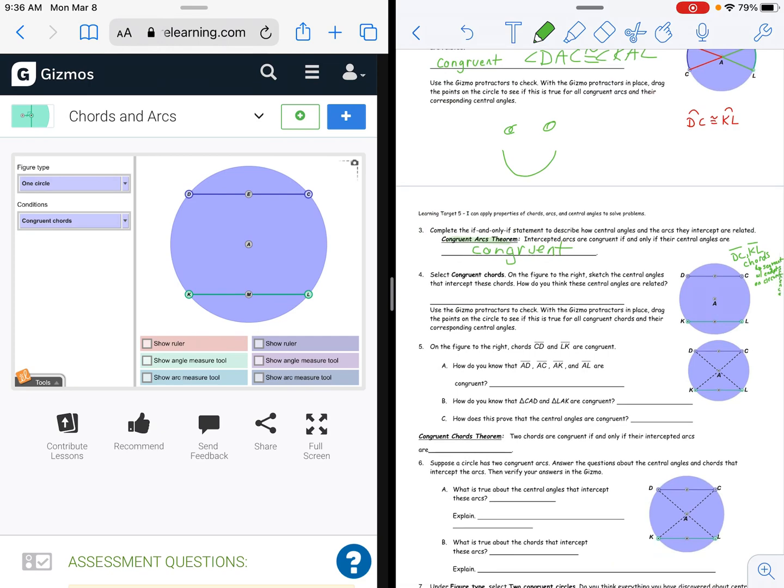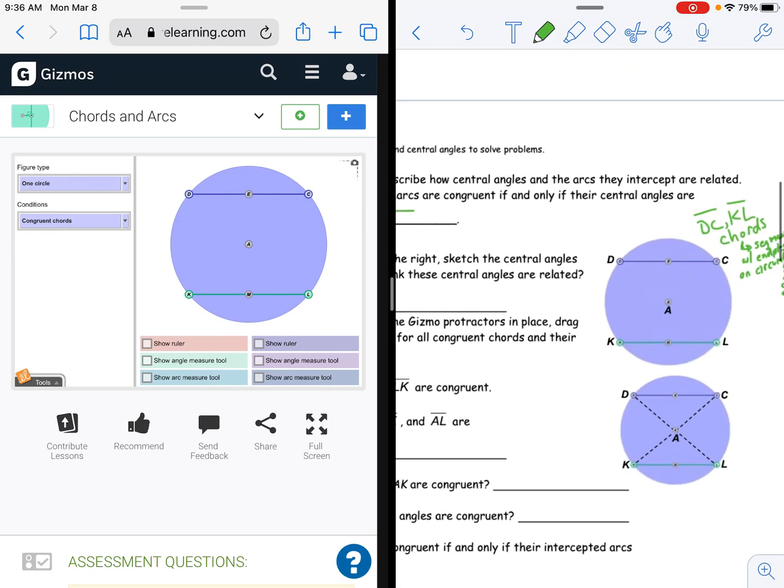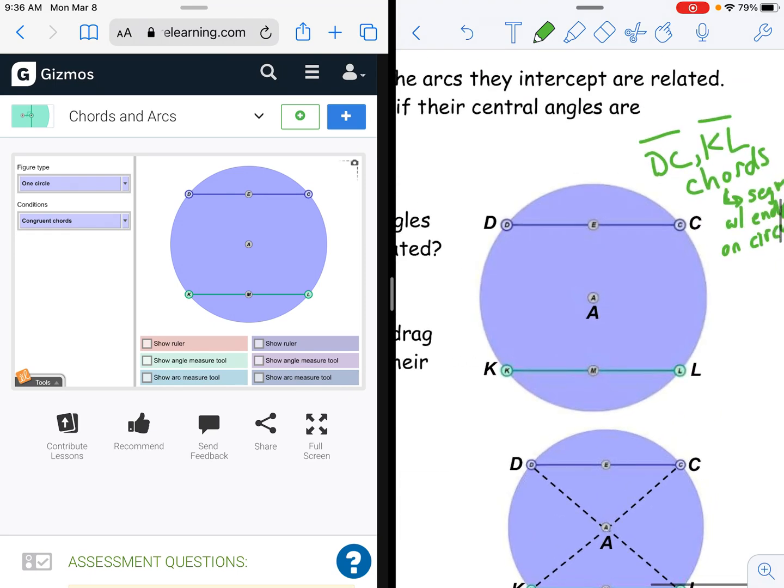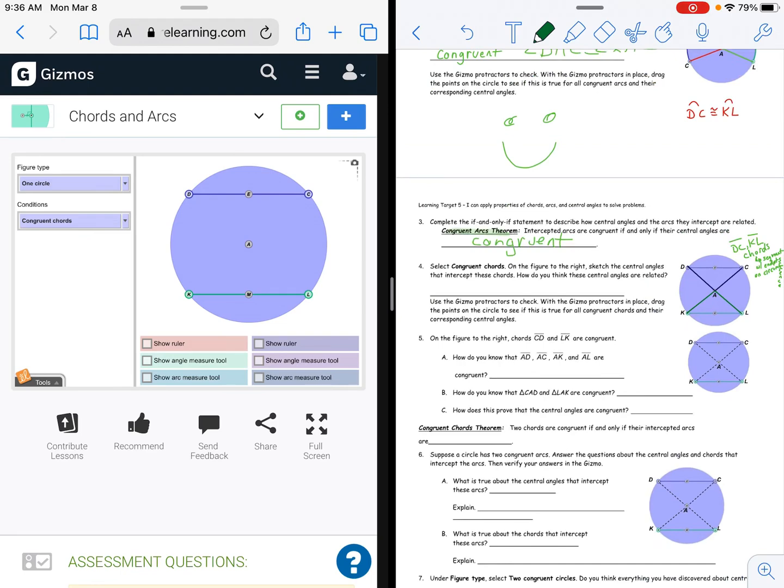All right, now we're going to sketch the central angles intercepted by these chords. So how do we think that these central angles are related? So we got this one right here, and we got this one right here. How do I think that these are related?